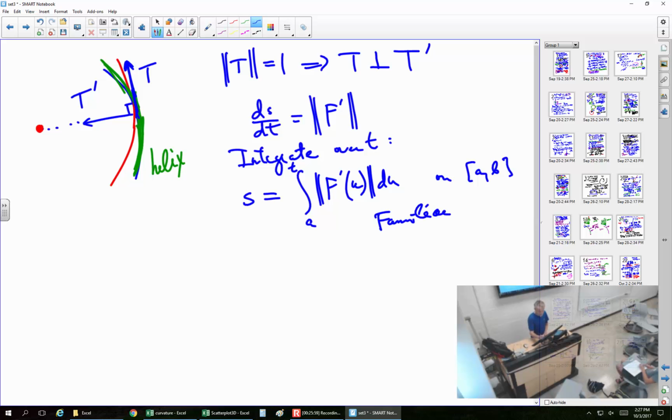It was discussed in calculus 2 for graphs, right? Like if you have y equals f of x, say. So let's make our way from this formula to the formula that you had in calculus 2. So how?